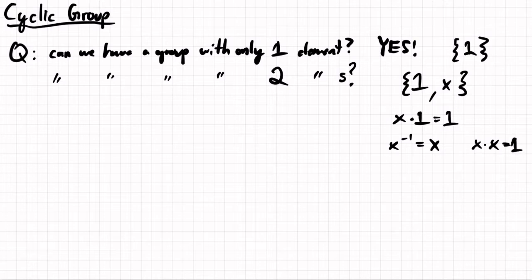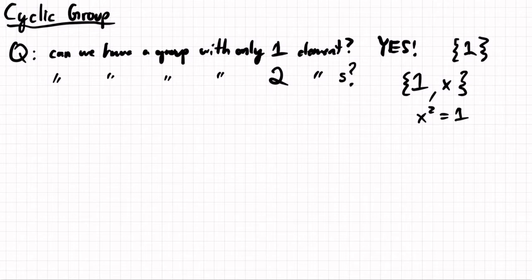A lot of times, what we'll write instead of X times X here is X squared. And of course, if you think about multiplication of real numbers, X squared is exactly the same as X times X. Here, it's exactly the same. It's just a shorthand notation. Just be careful, though.